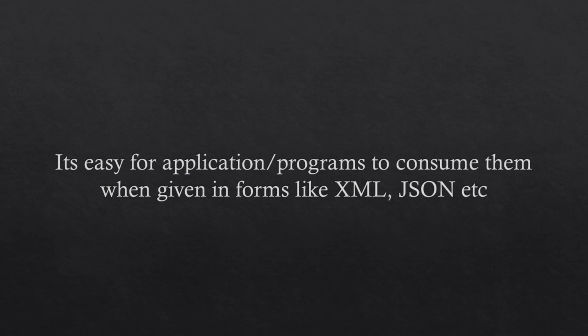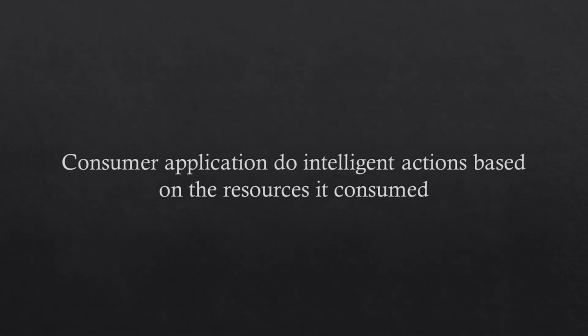But it's easy for programs to consume resources when they are given in the form of XML or JSON. The program takes an action based on the content in the XML or JSON, like the Amazon example mentioned earlier. These programs can communicate with other distributed web applications as well, and they can store any responses in a database or files, etc.